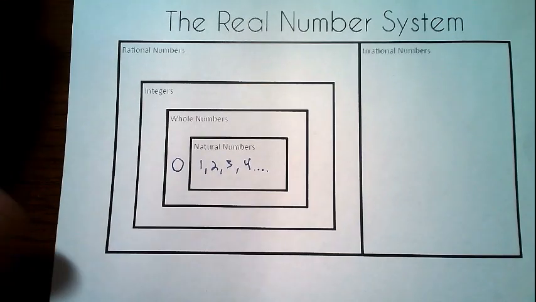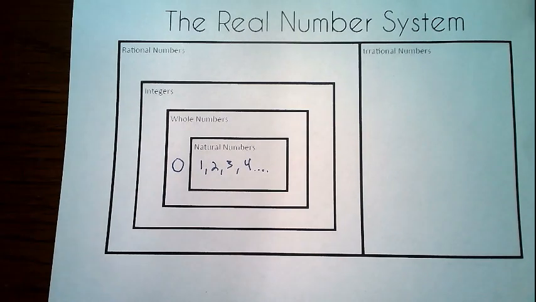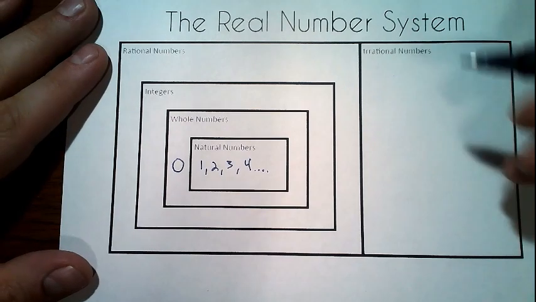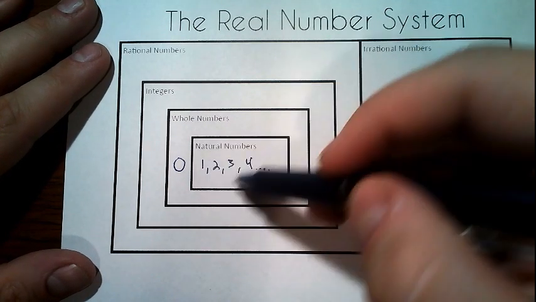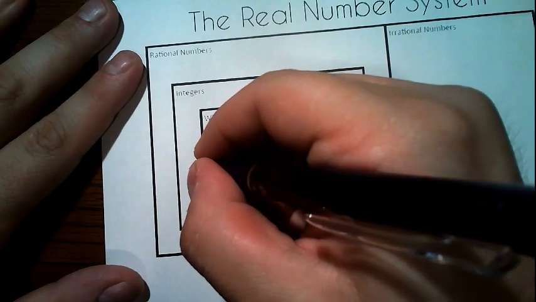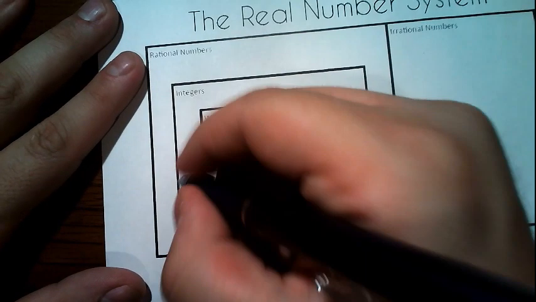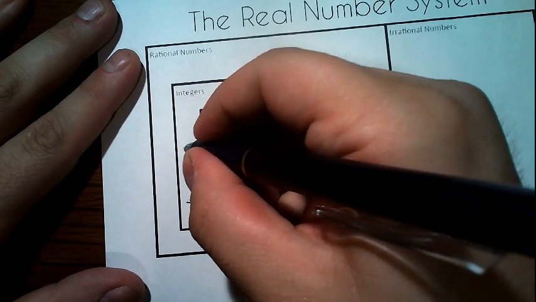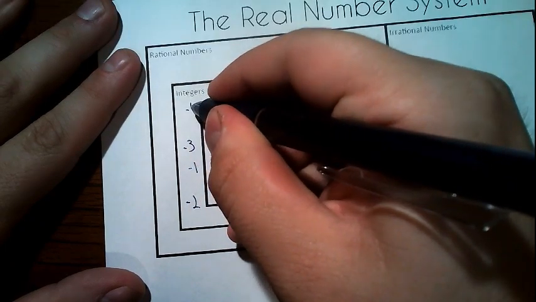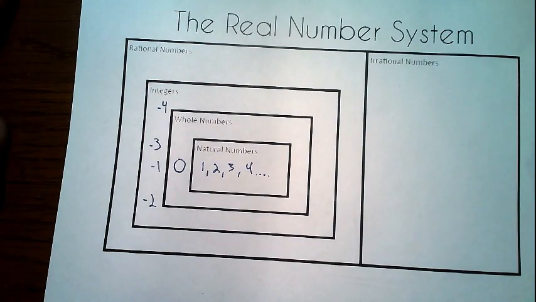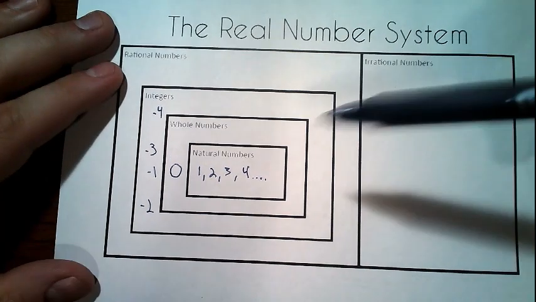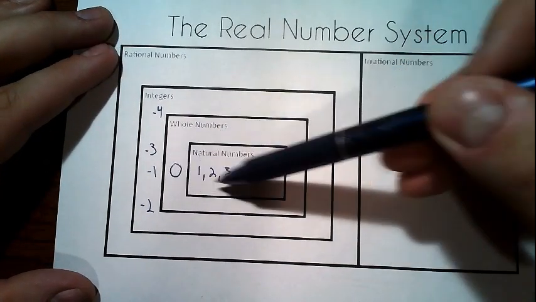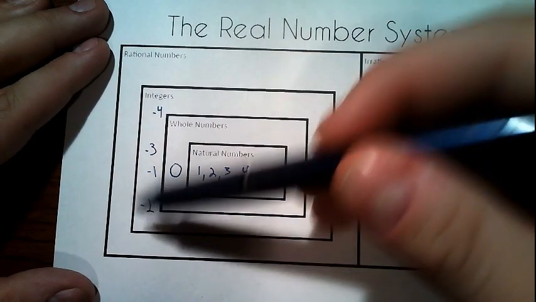And so we had to include what's called integers now. So integers are these numbers, but also their opposites. So -1, right? -2, -3, -4. Integers are the whole numbers, right, plus their opposites.